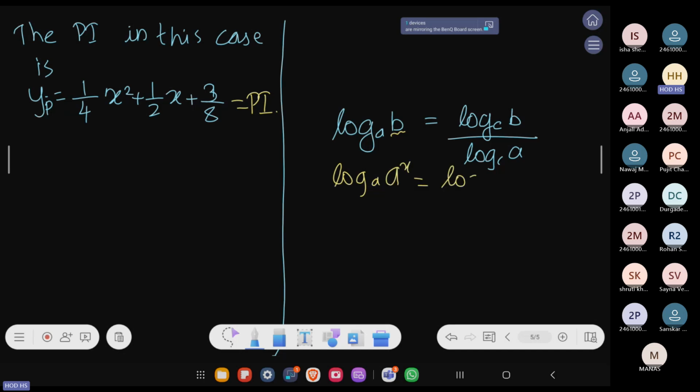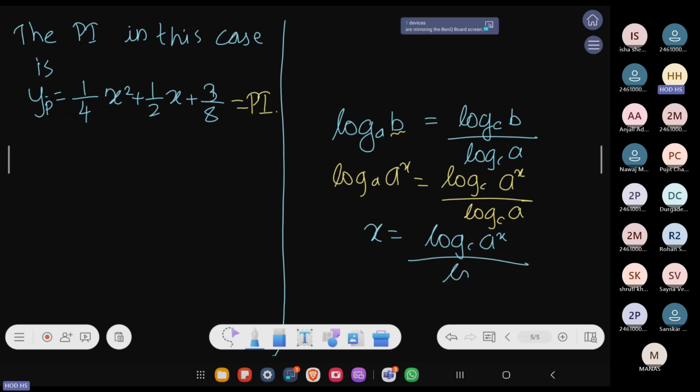Then this will be log c of a to the power x divided by log c of a. Now I can cancel this out, so my x will be log c a to the power x.